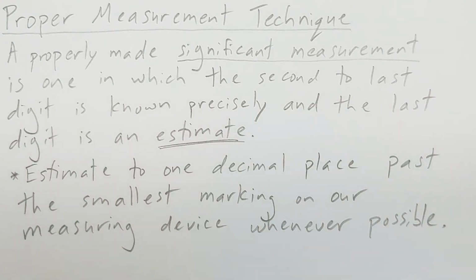So to go one decimal place, you have to subdivide it into tenths and go one place beyond that smallest mark.